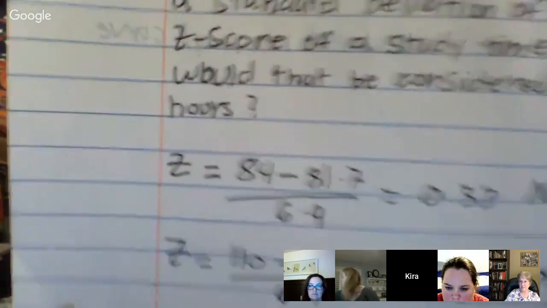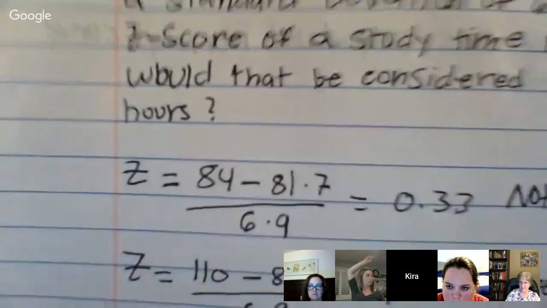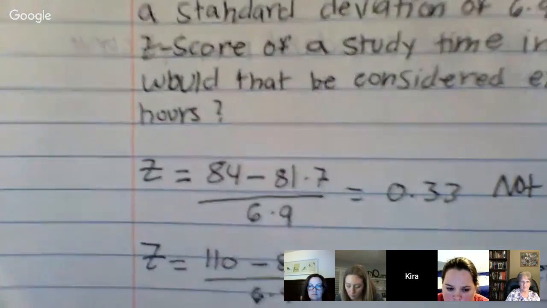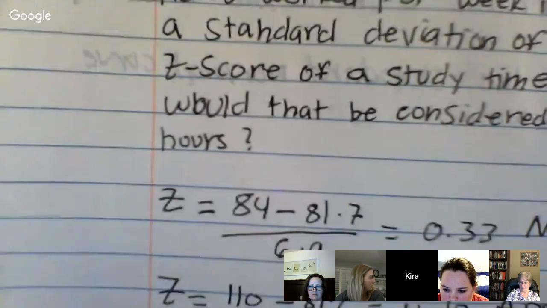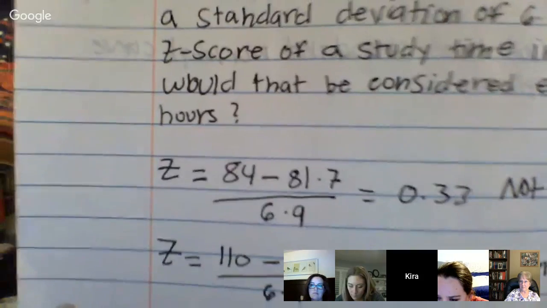Underneath is the standard deviation. So to get the z-score, you take the mean minus the variable, whatever word I can't think of right now, and then over the standard deviation to get the answer for the equation. Does that make sense?